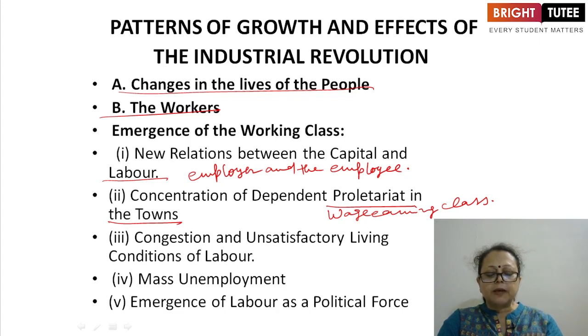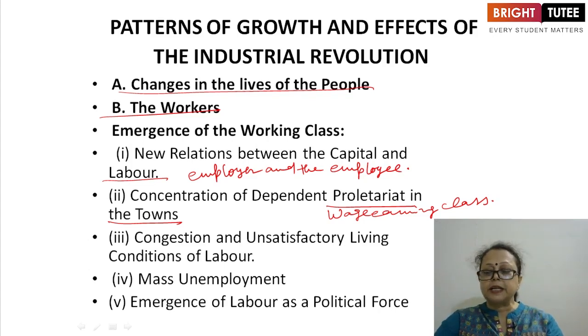The growth of the factory system weakened the close relation between the master and man, which had marked the domestic system, and laid down the beginning of the struggle between capital and labor. Due to the concentration of wealth in the hands of the capitalists, it created a situation of conflict, a wide gap between the capitalist and the labor.